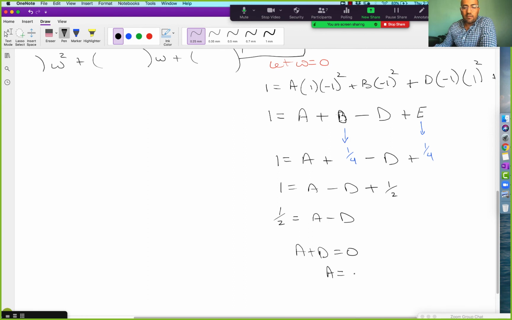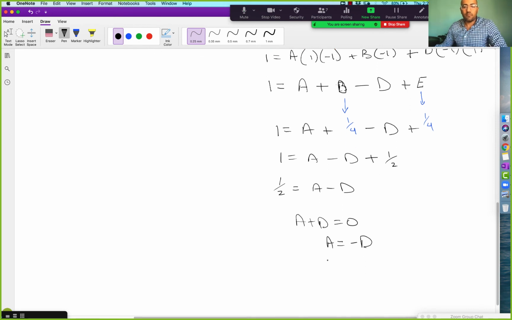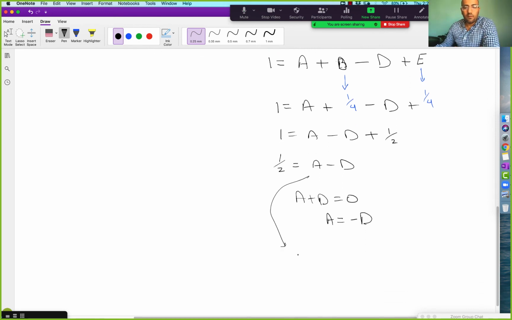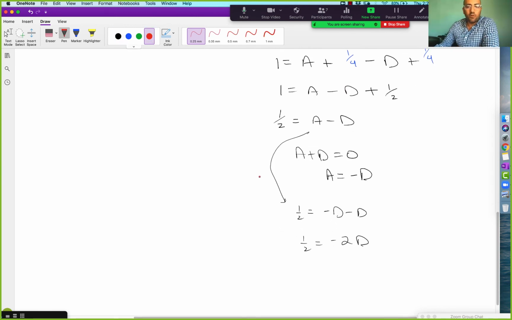So a must be equal to negative d. And then I can just do a direct substitution here. And get that positive 1/2 must be equal to negative d minus d, which means that negative 1/2 is equal to negative 2d. Okay. Multiply both sides by negative 1/2. These guys cancel. And I get that d must be negative 1/4.